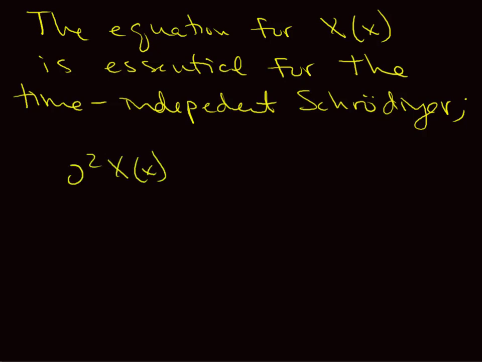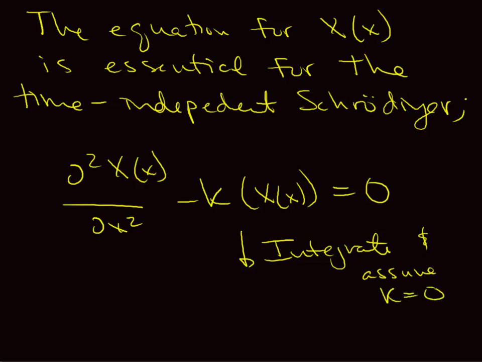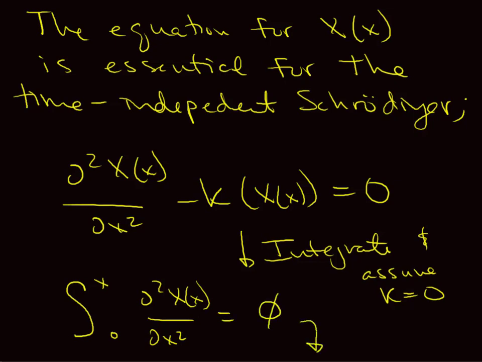So we've got our equation with respect to space, the second derivative of X of x minus k X of x is equal to 0, and we're going to go ahead and integrate and assume that k is equal to 0. When we integrate this function from 0 to x, we are going to have some solutions.